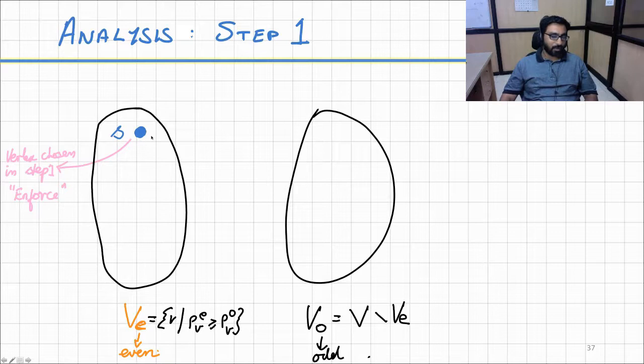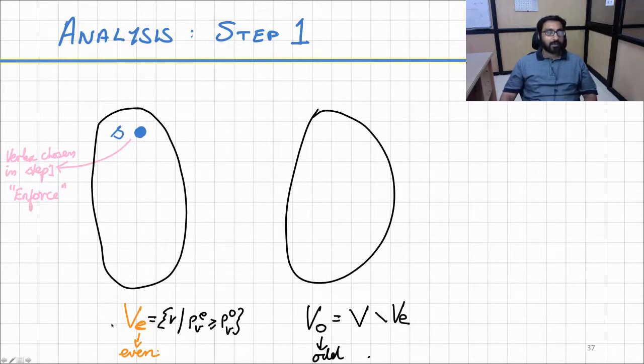And remember, if it's a bipartite graph, every step will take you from one part to the other part. So that makes a lot of sense, because now in even steps you are more likely to be on the left part. That's at least what we hope, if this is a proper way to partition this graph.